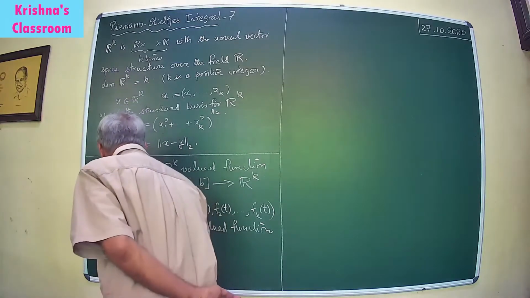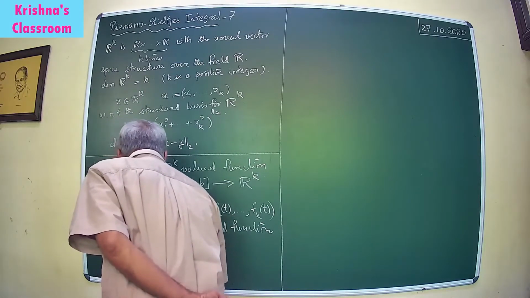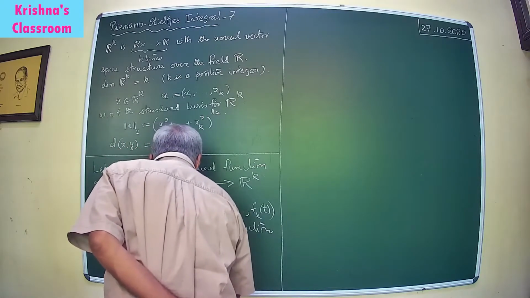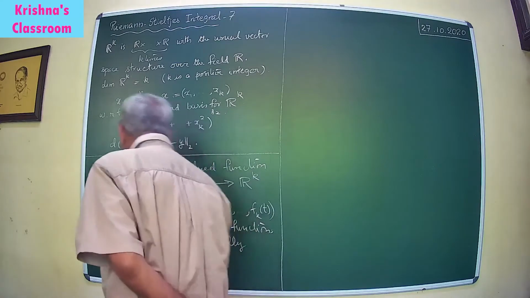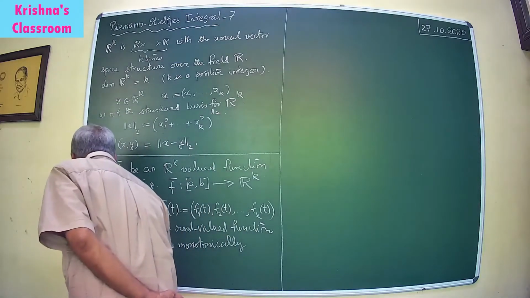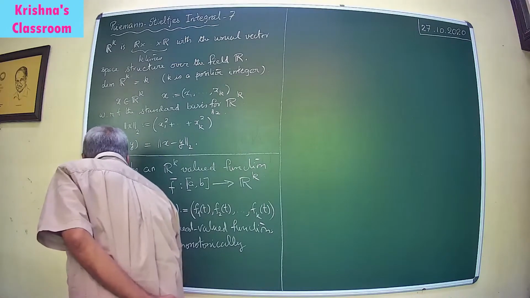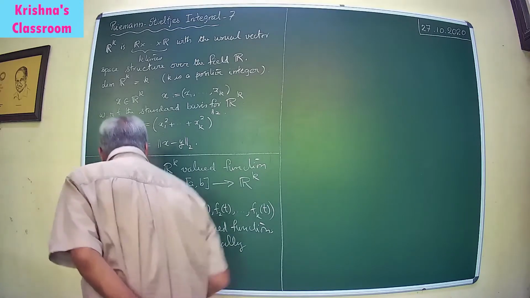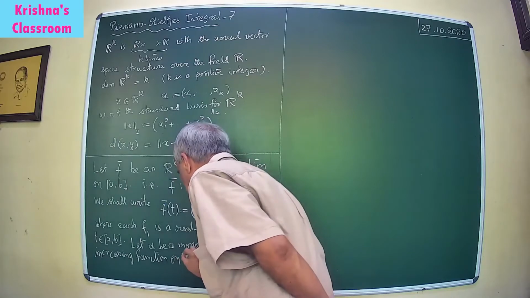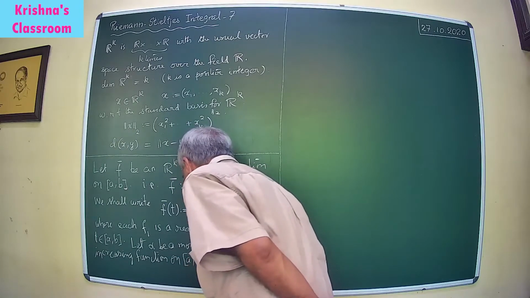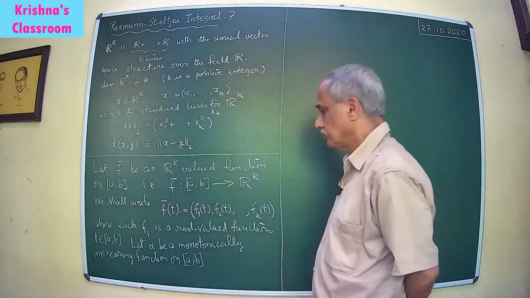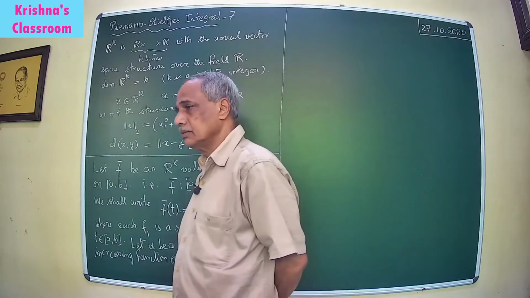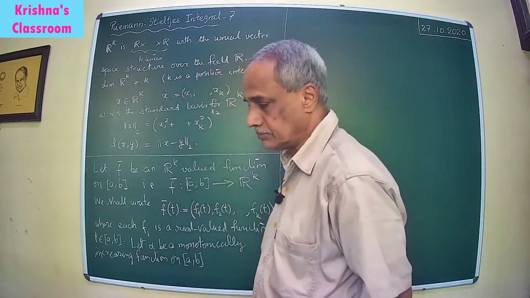So let alpha be a monotonic increasing function on [a, b], like the alpha that we used in the Riemann Stieltjes integral discussed earlier.